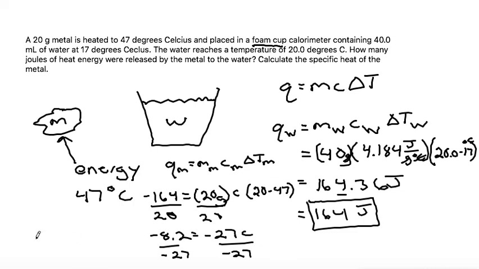So our C, our specific heat capacity of our metal, is 0.3037, and rounding that to 3 sig figs is 0.304. That would be our specific heat capacity of our metal.